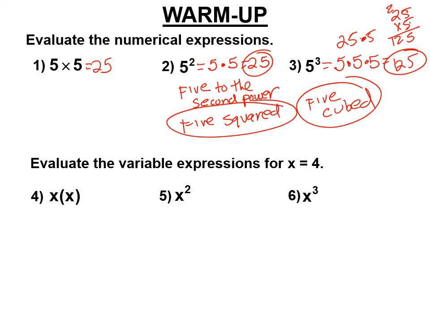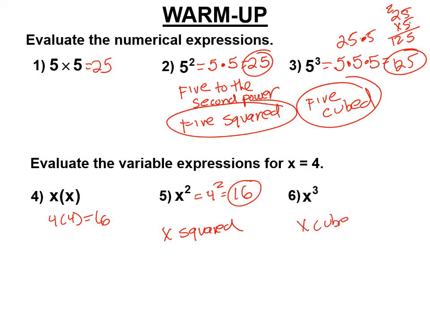So if x is 4 in these variable expressions, that's a way to write 4 times 4, which is 16. So you would say that is x squared, and we're going to do 4 squared, and 4 squared is 4 times 4, which is 16, right? And then this is x cubed, and you're going to say that is 4 times 4 times 4, right?